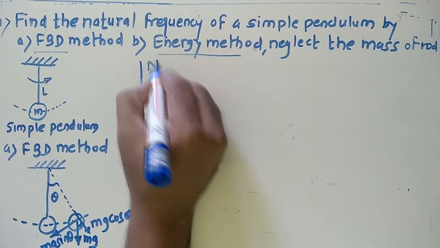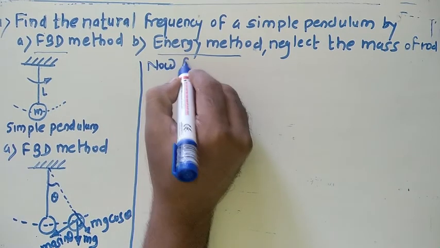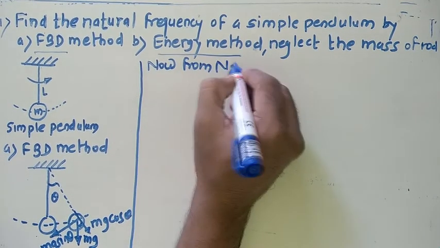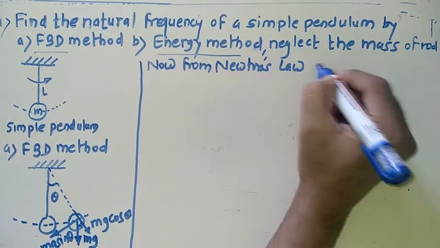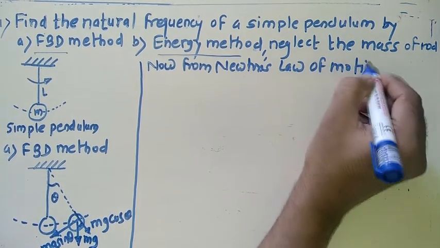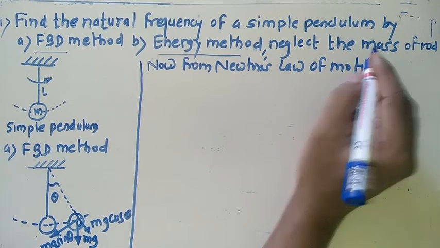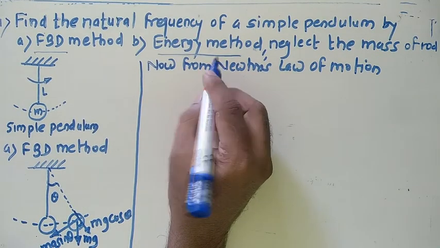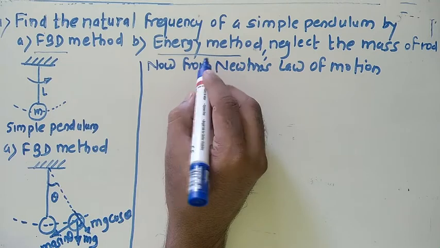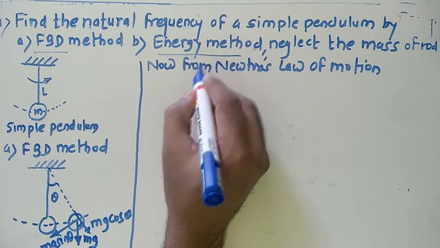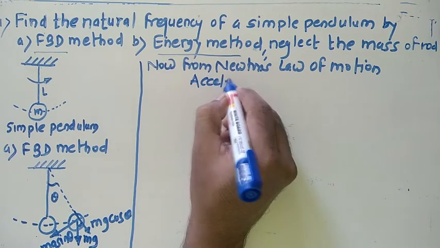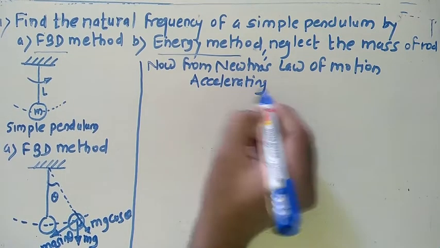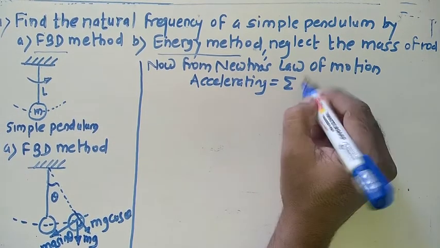Now from Newton's law of motion, I have already shown Newton's second law of motion for formulation of a differential equation. So what is that law? Accelerating force equals the summation of external forces.